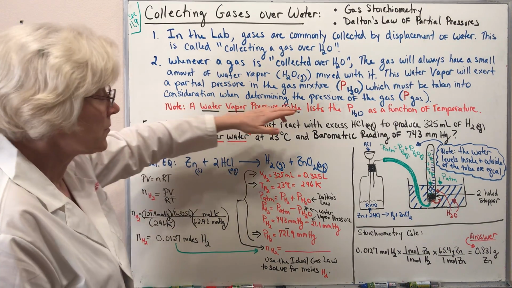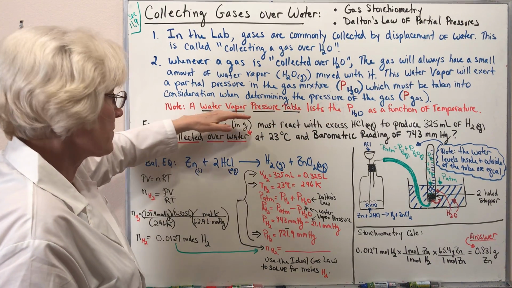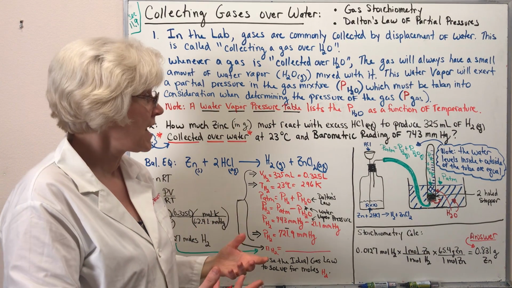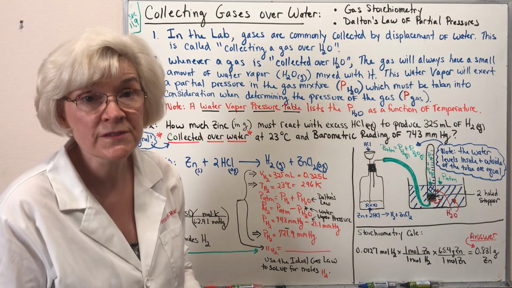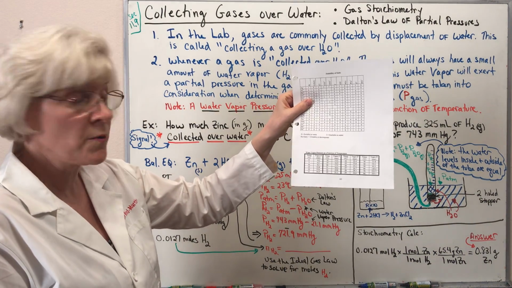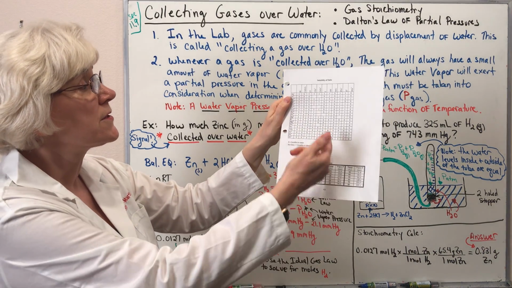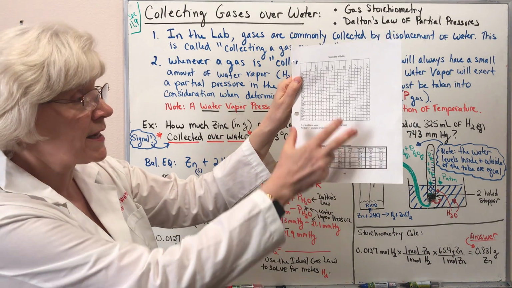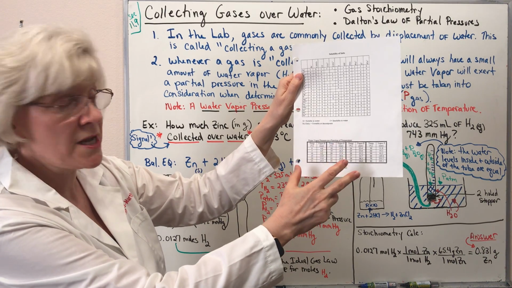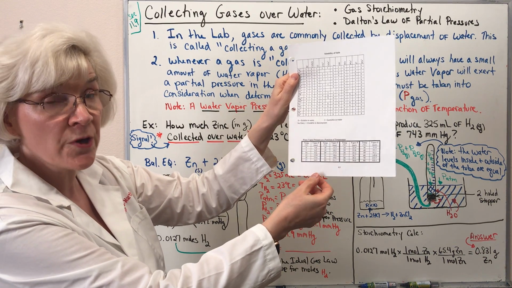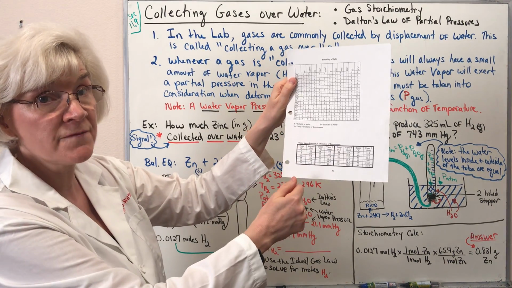Right? So how do we find out information about the water vapor pressure? There is something known as the water vapor pressure table, which lists the vapor pressure of water as a function of temperature. So in the Chem 22 lab manual, at the end of the lab manual where the appendices are, there's a solubility table of salts, and then on the bottom of that table, there is also a water vapor pressure table, which shows how the partial pressure of water varies above liquid water as a function of temperature.